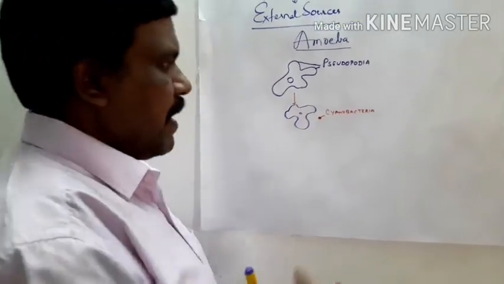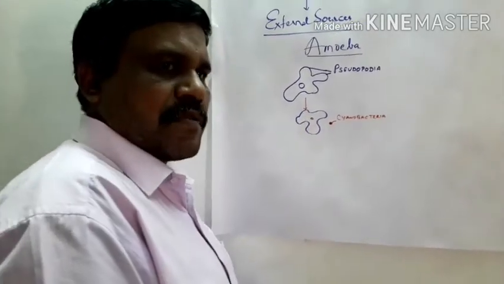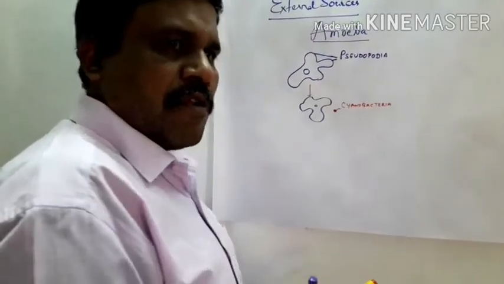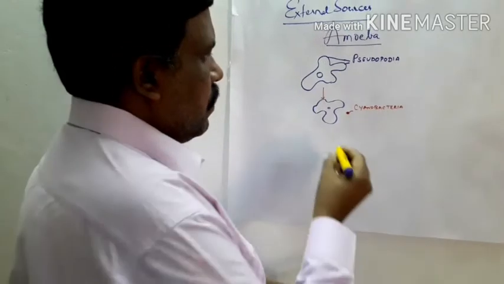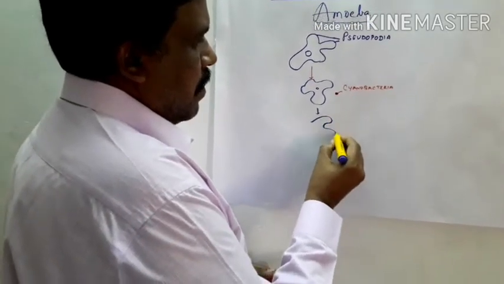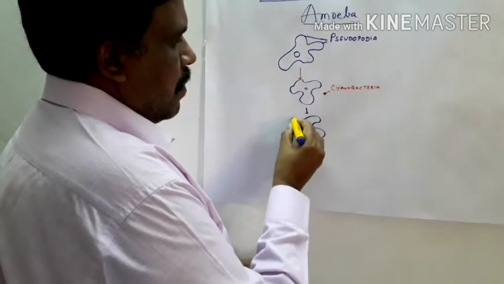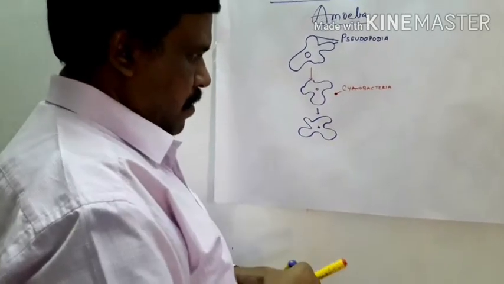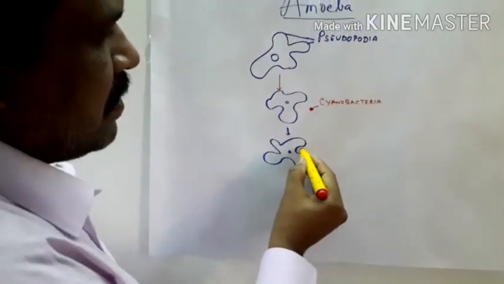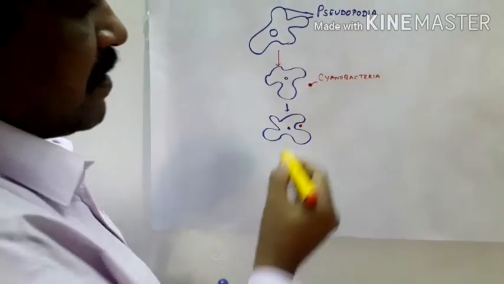Now how does that food particle enter into this organism? Please draw, as I am doing, in your notebook also. You see here, the organism has come very close, so the particle is here. Is it clear?